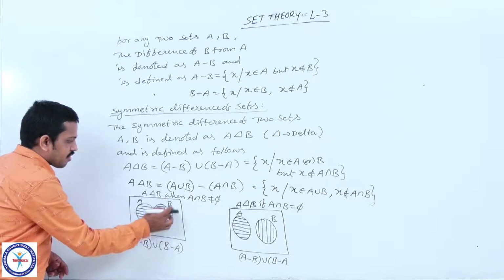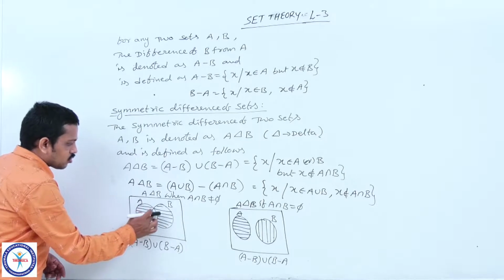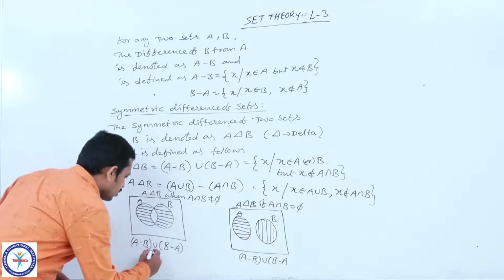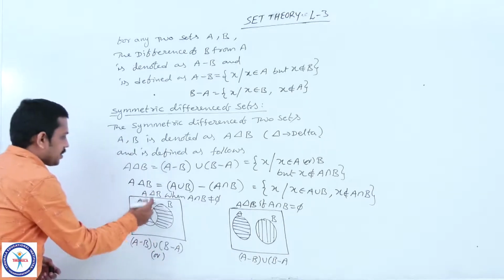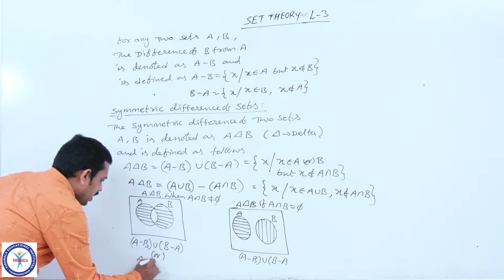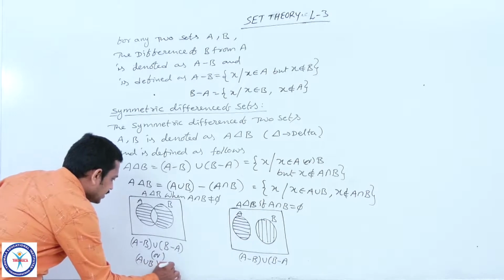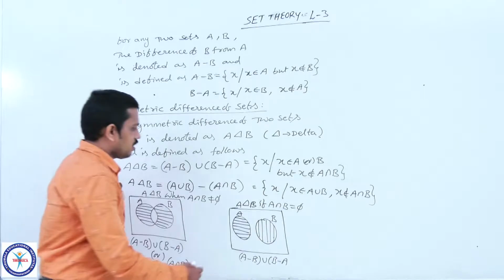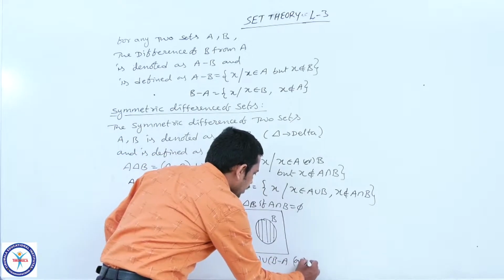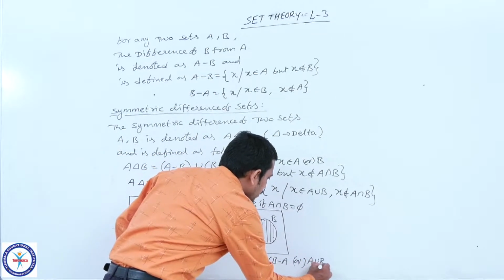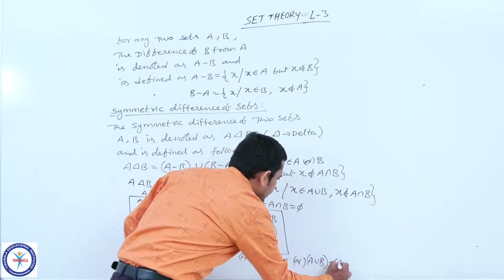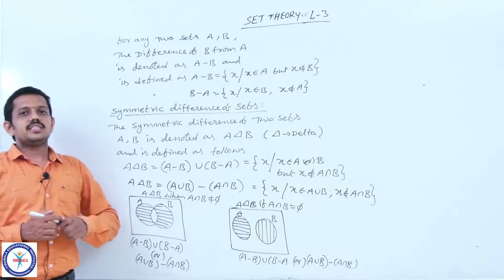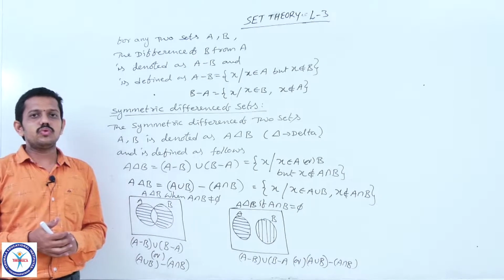From A union B we exclude A intersection B. So this is also the representation of A union B minus A intersection B. This is the symmetric difference of any two sets.